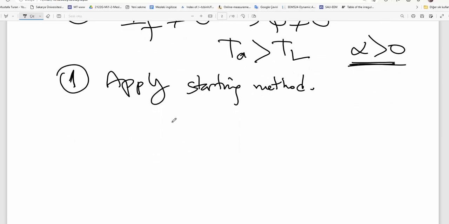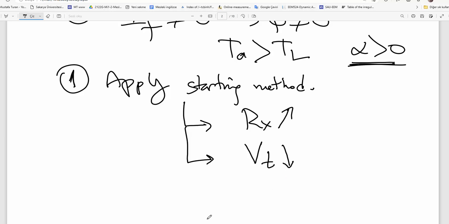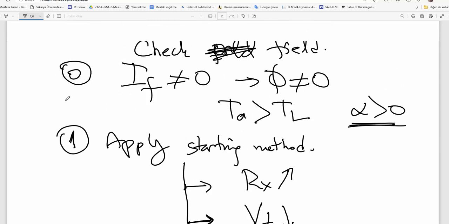One of the methods would be using an external rheostat to include. The other method would be applying a variable voltage source. Reducing terminal voltage will let you decrease or limit startup current.